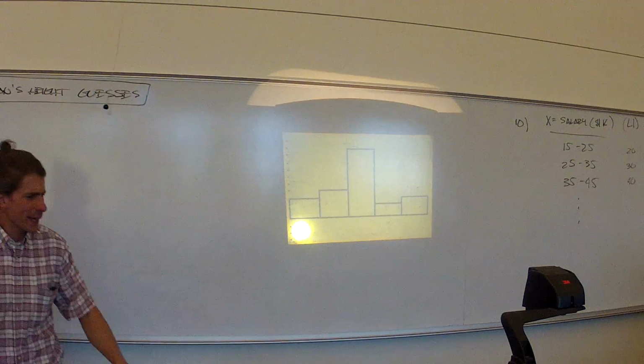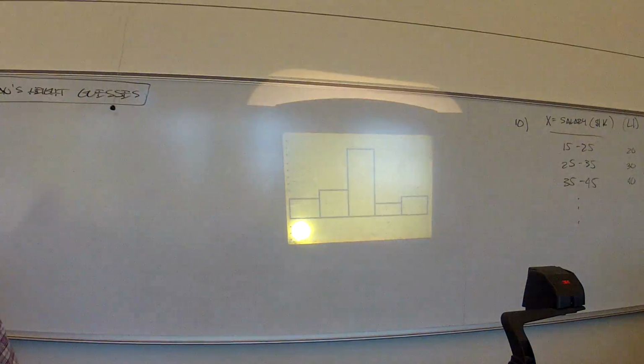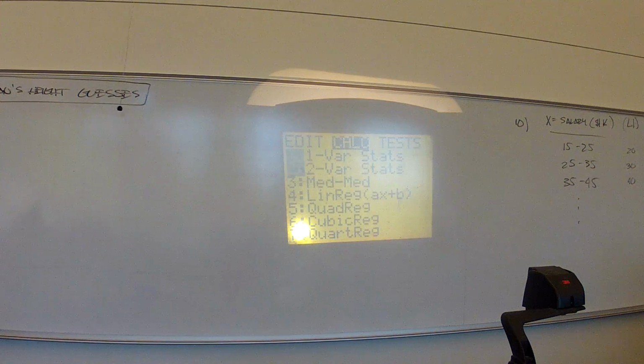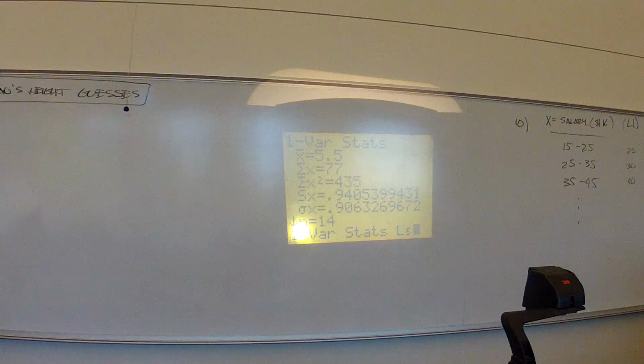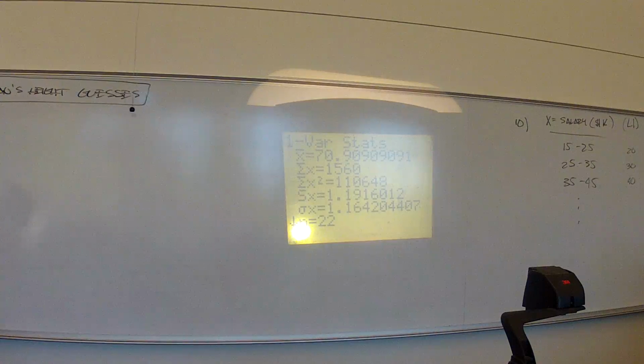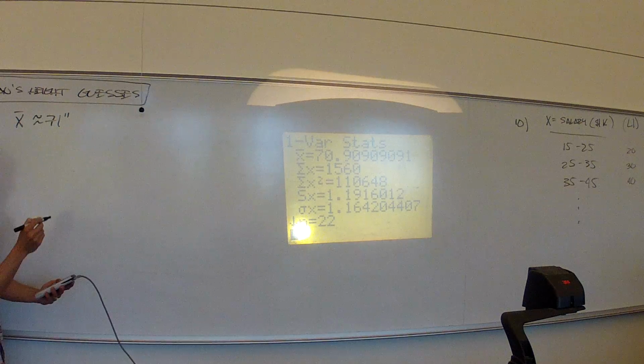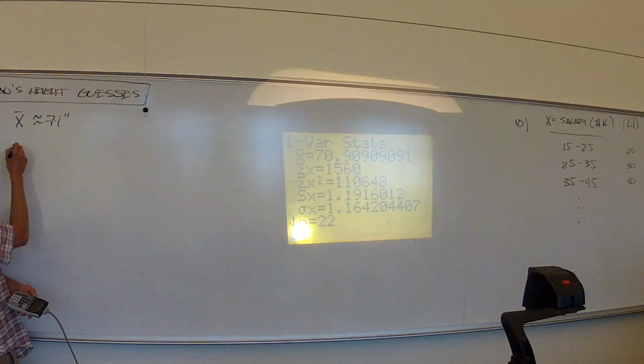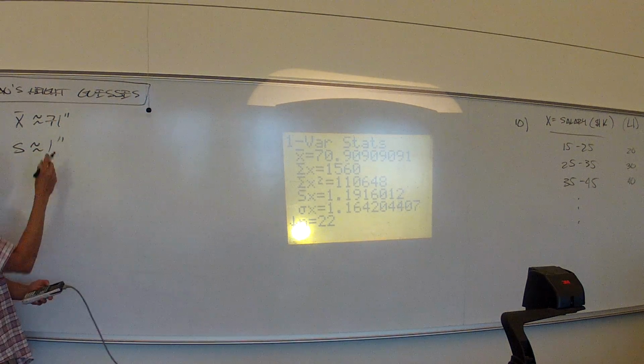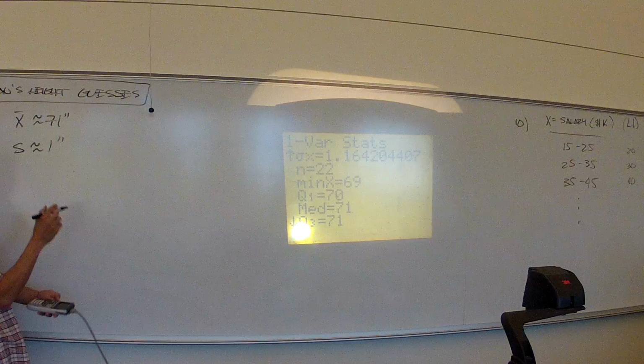While we're here, let's get some statistics on L5 and L6. You guys averaged about a 71-inch guess, plus or minus about 1 inch. And the median's down there at 71 as well.